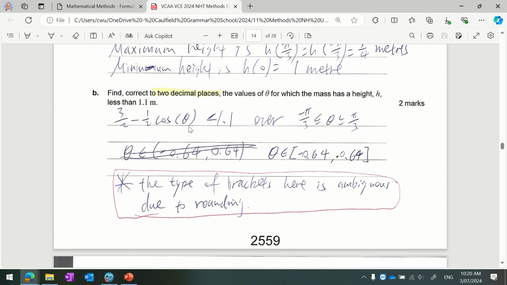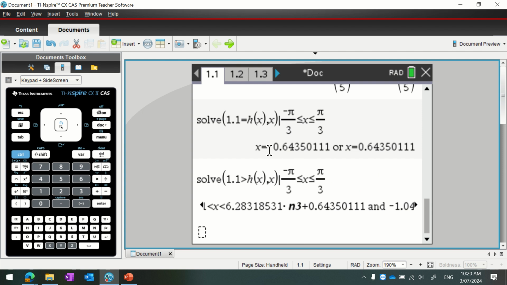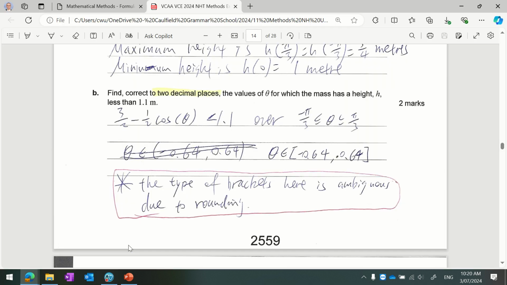It says round to 2 decimal places. So if you look at this answer here, if you round that, you will round down, right? Because it's 0.643, so you round down to 0.64, which means, is that what I wrote?